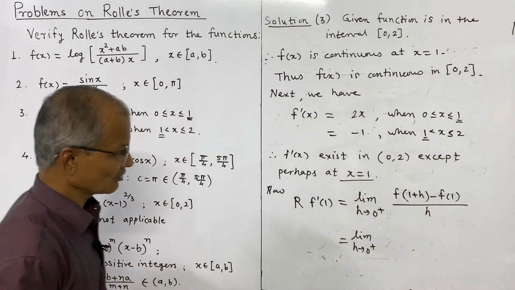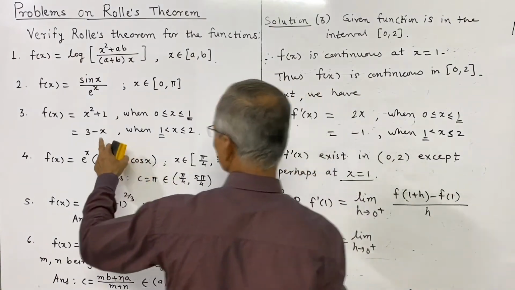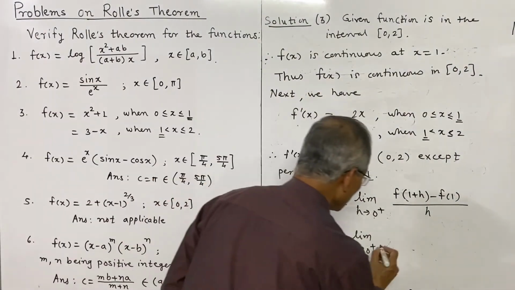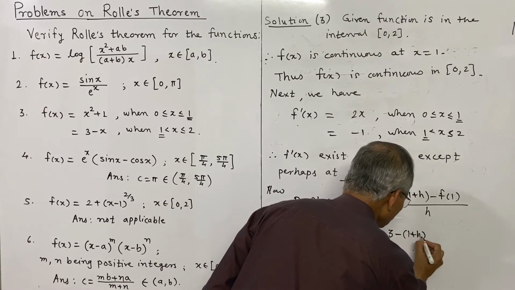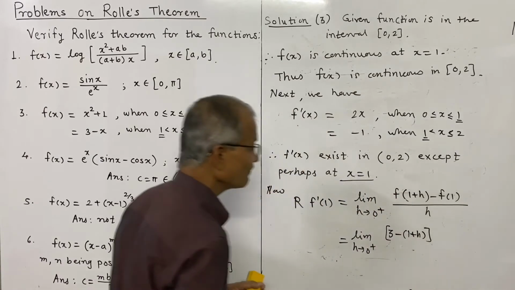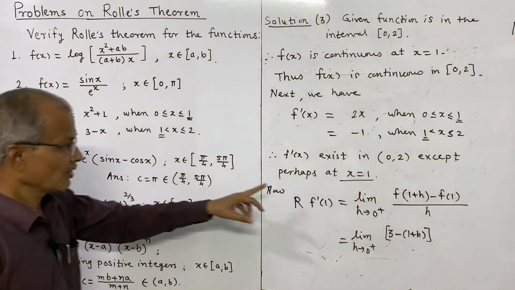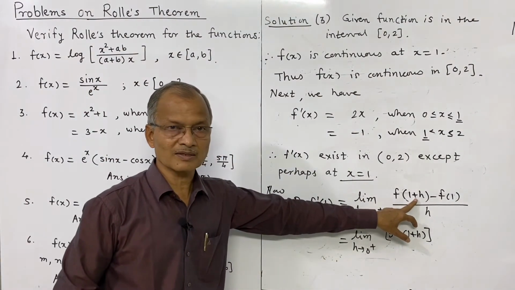So we use the second definition, 3 minus x, with x equal to 1 plus h, because this quantity is greater than 1.